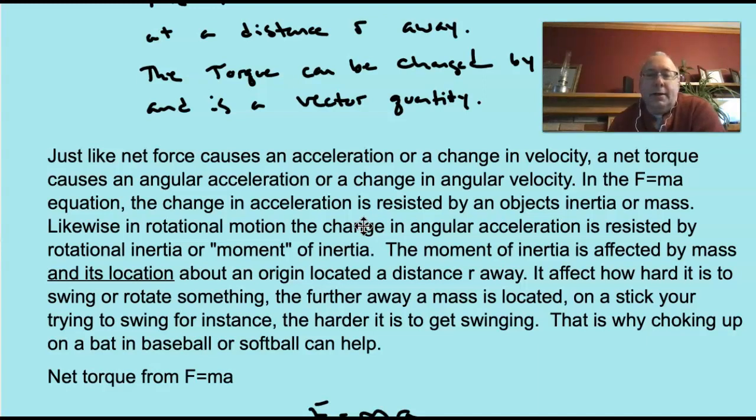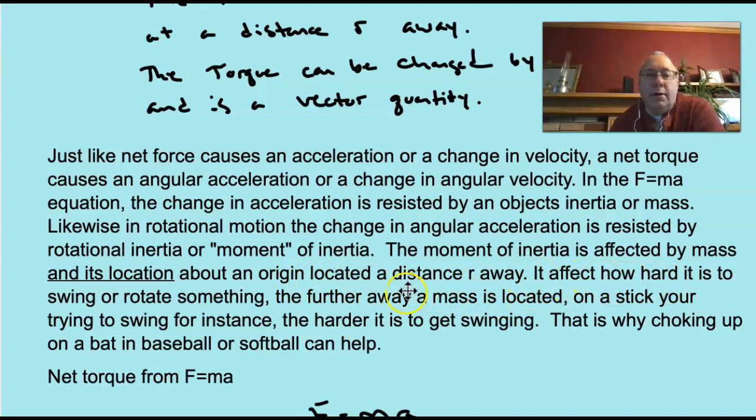So there's going to be some effect of mass rotationally, and that's called rotational inertia, or the moment of inertia, because it's the effect of the mass located some distance away from the origin. That position has an effect on how hard it is to rotate something. So the moment of inertia is affected by mass and its location about an origin located a distance r away.